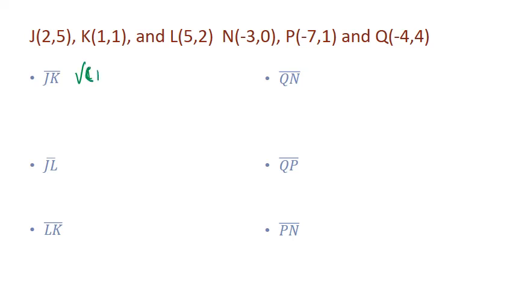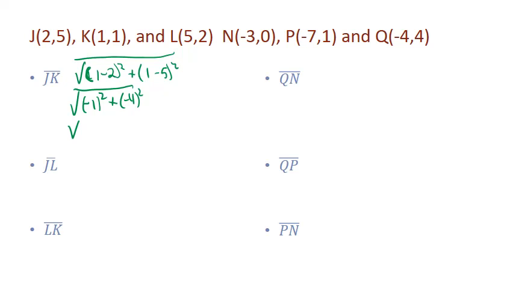So I got 1 minus 2 squared plus, and then my y coordinates, 1 minus 5 squared, taking the square root of that. And let's see, 1 minus 2 is -1, so that's -1 squared, plus 1 minus 5 is -4, that's -4 squared.